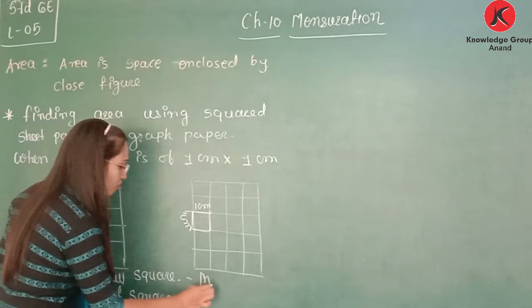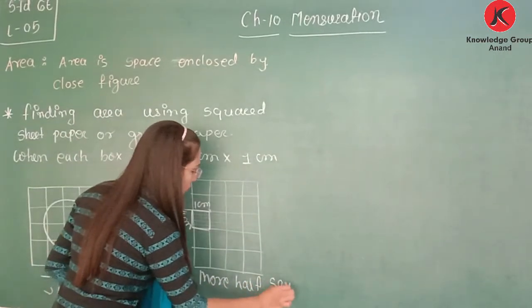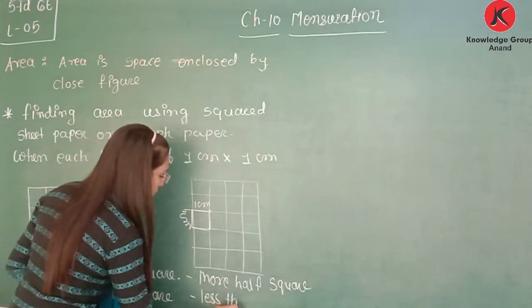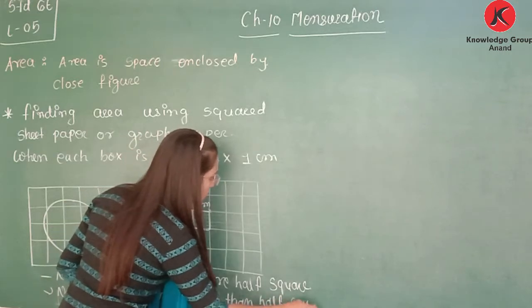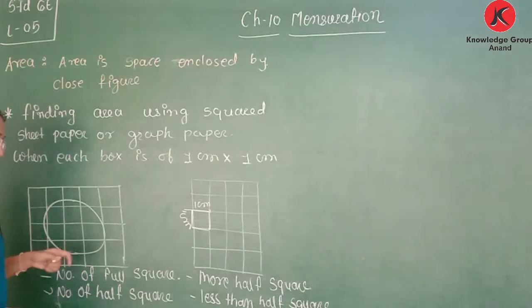After that, more than half squares. And less than half squares. So these 4 things you need to find in any square sheet paper.